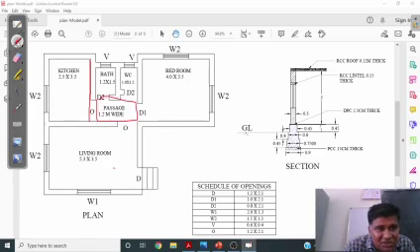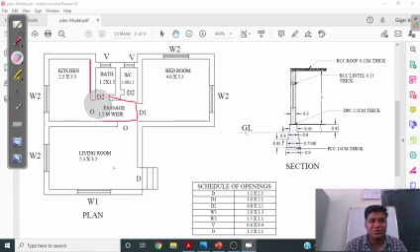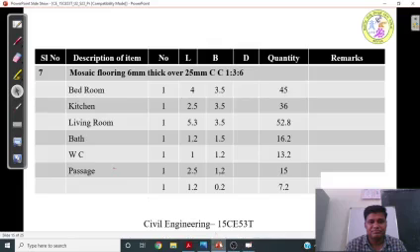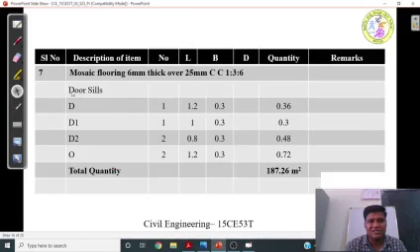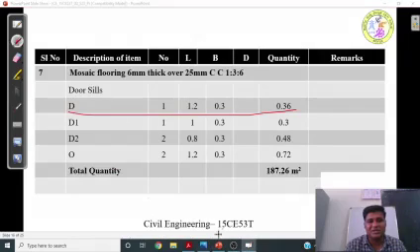So this portion will not be considered for flooring. That is called as door sills. So these portions will be added extra. So D is one numbers 1.2 by 0.3. D1 is one numbers 1 into 1 into 0.3.